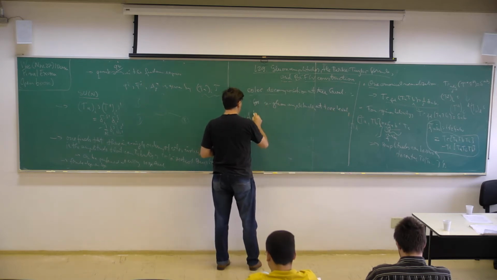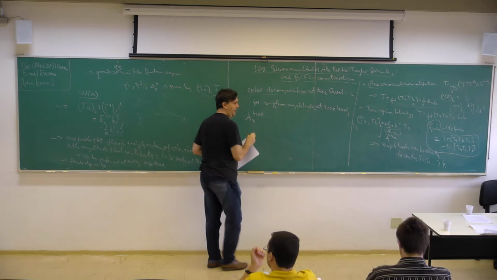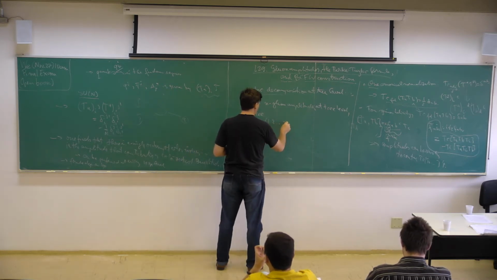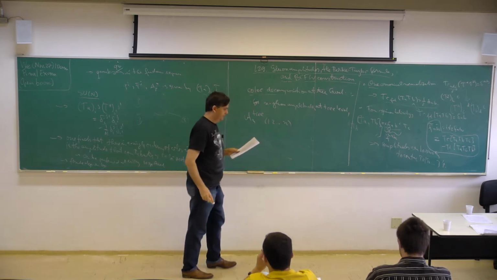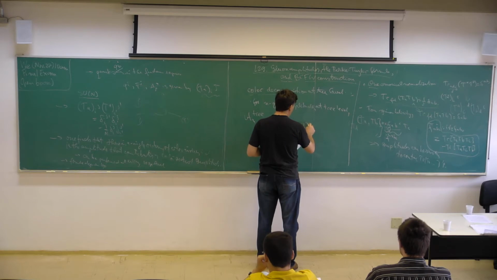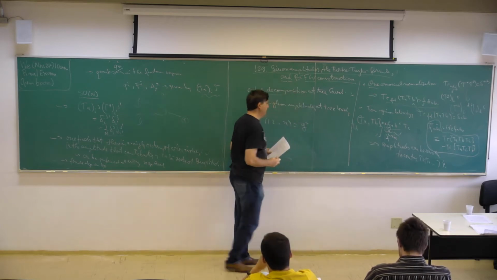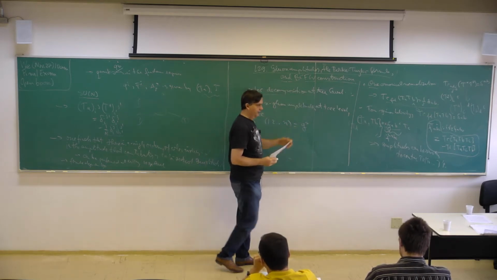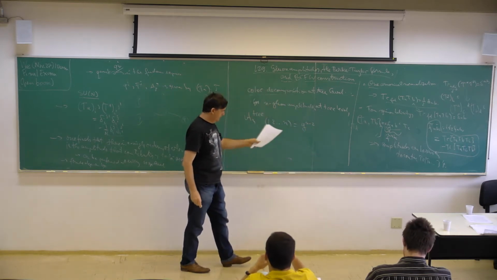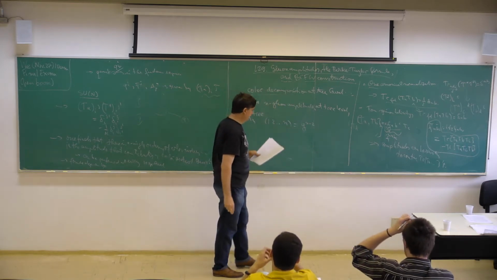So this amplitude that depends on n gluons will be written as, well, since it's tree level, we know it has to have the coupling to the order g to the power n minus 2.